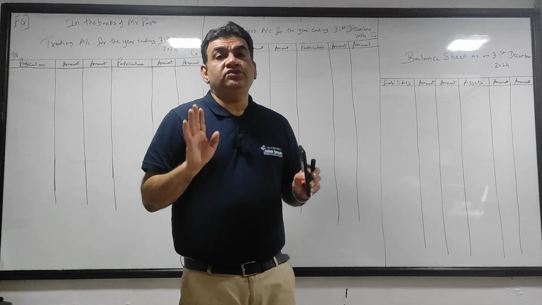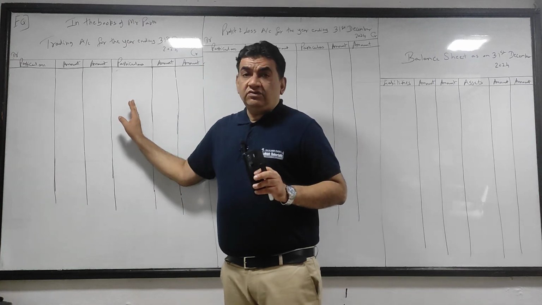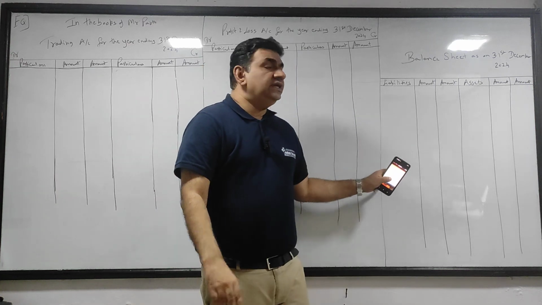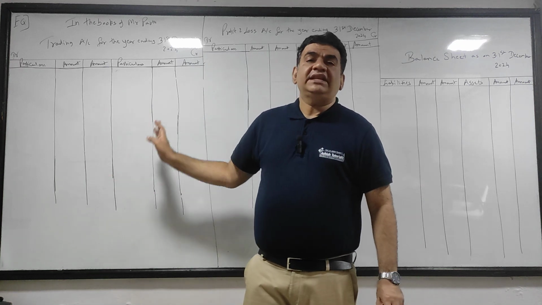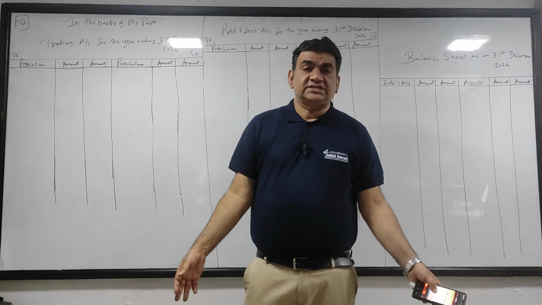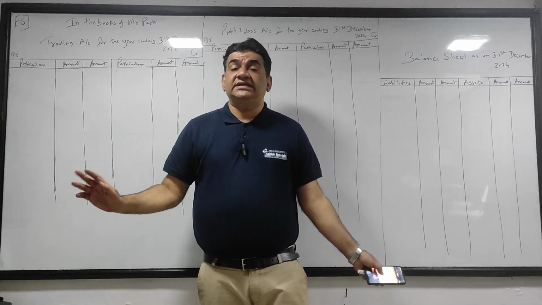So the best thing is, don't be stingy, take trading account, P&L account, balance sheet all three on separate pages. You can keep 15 lines and anyway it is on different pages. So even if you take a full page, it doesn't matter.